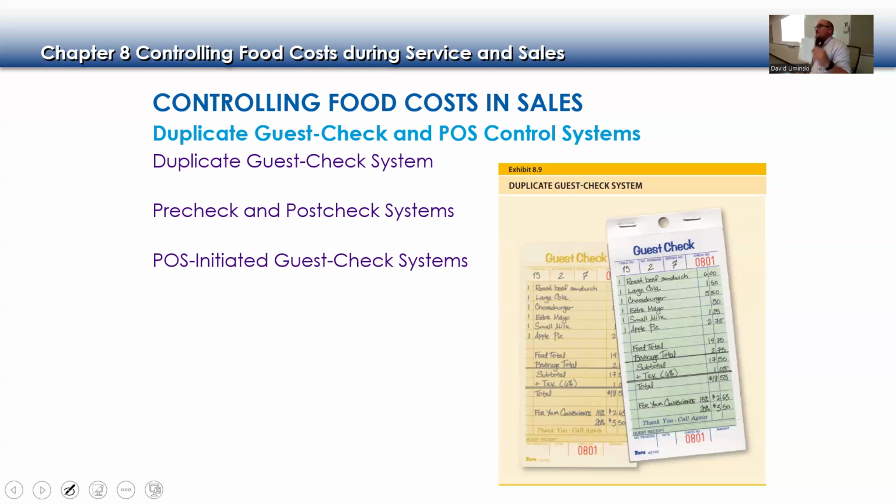My manager at Chester's literally had to verify what was written on here and whether it matched what was printed on the back. So every single day she would be checking tickets. And if there was a variance over a certain amount, then that cashier would actually get written up.